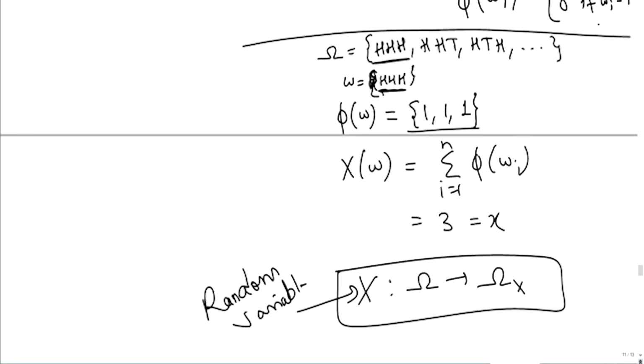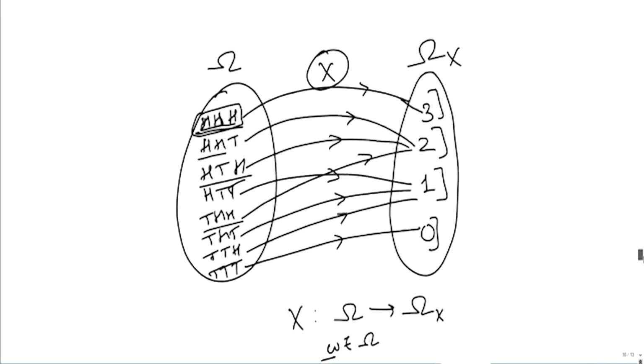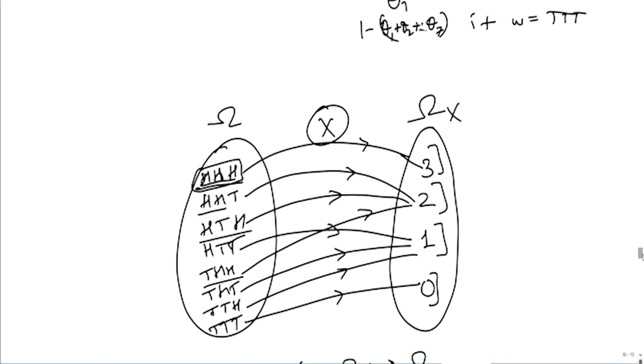This is what we use to transform a categorical space to a more numeric well behaved space or some another space. You can transform it to any space. So, the function that we use is called a random variable.